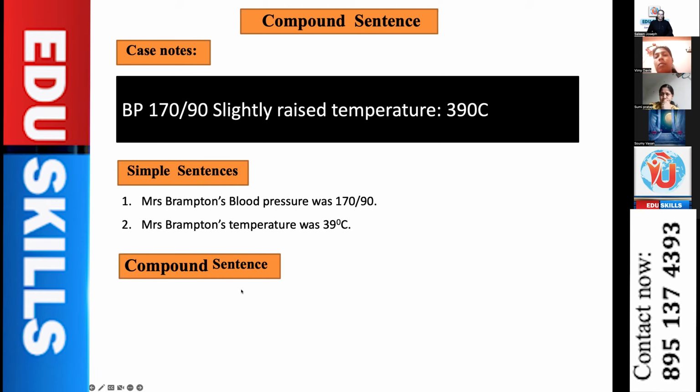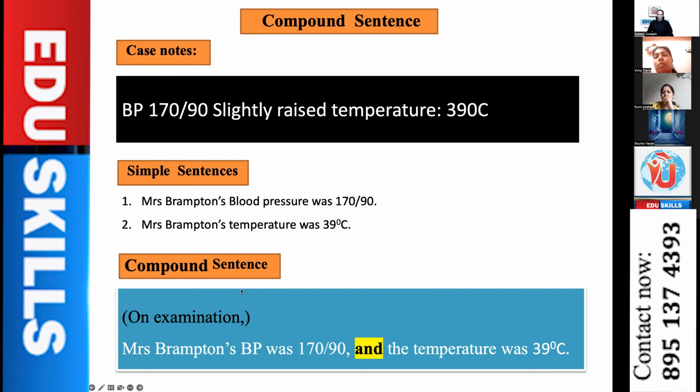Now, compound sentence. How to make a compound sentence out of these? So this 'on examination' is the introductory phrase, which we do not require here. I just put it in brackets. We'll write: Mrs. Brampton's BP was 170 on 90 and the temperature was 39 degrees. We have just added the conjunction 'and' here. So you have a compound sentence.